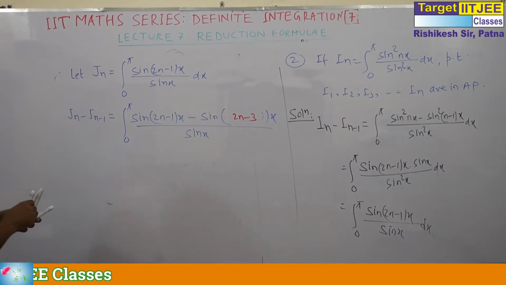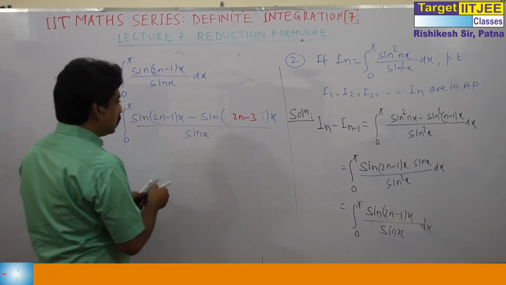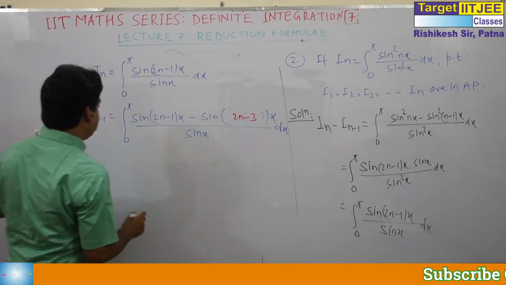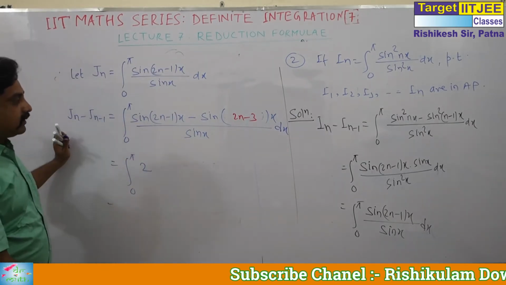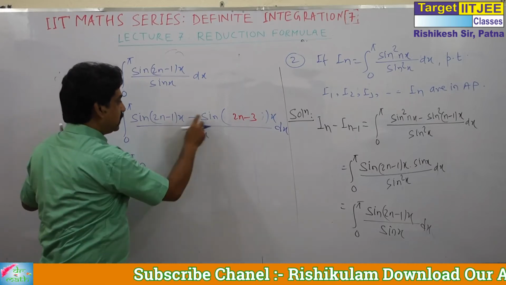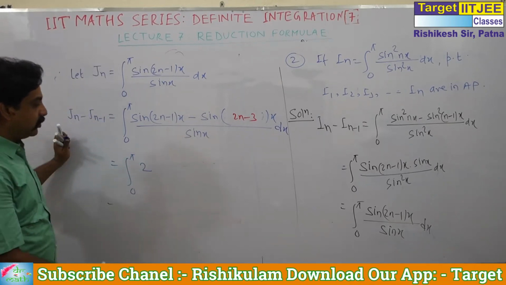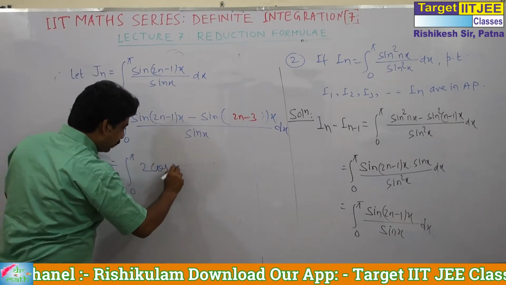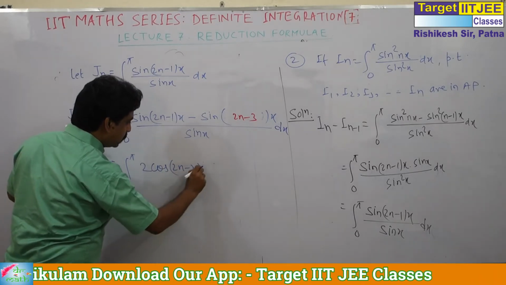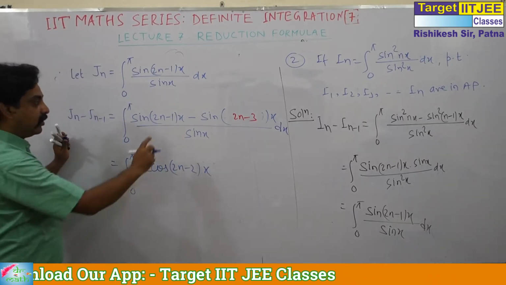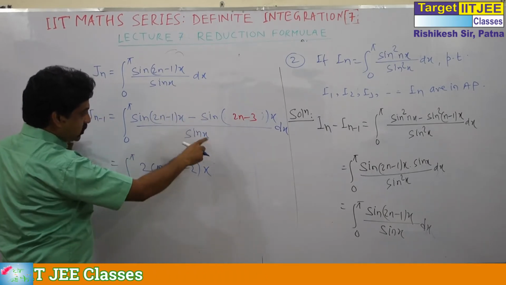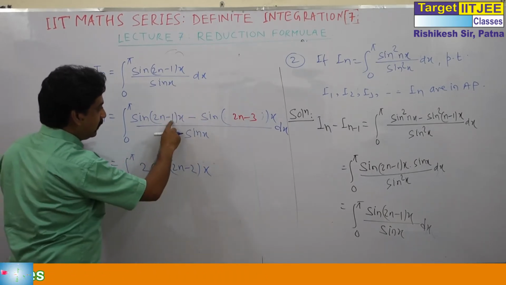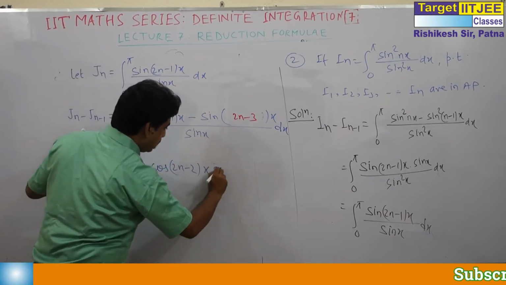Use the formula of sin C minus sin D. This is the integral from 0 to pi of 2 cos((C plus D)/2) into sin((C minus D)/2). C plus D by 2 is (4n minus 4)/2, which is (2n minus 2)x, and the difference is x.